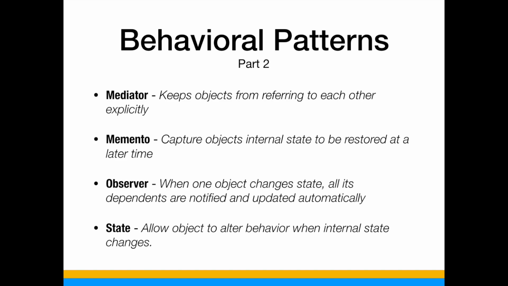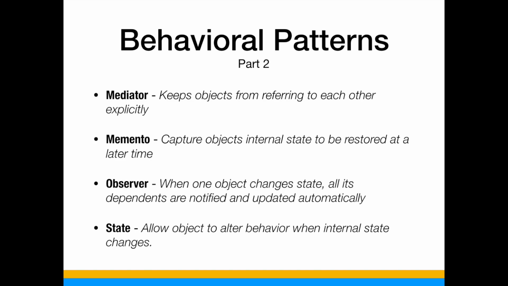Then we have the observer. This one is really useful in reactive programming and also mostly in graphical user interfaces for signals and things like that. It's widely used because when the state of something changes, it can trigger the change somewhere else.